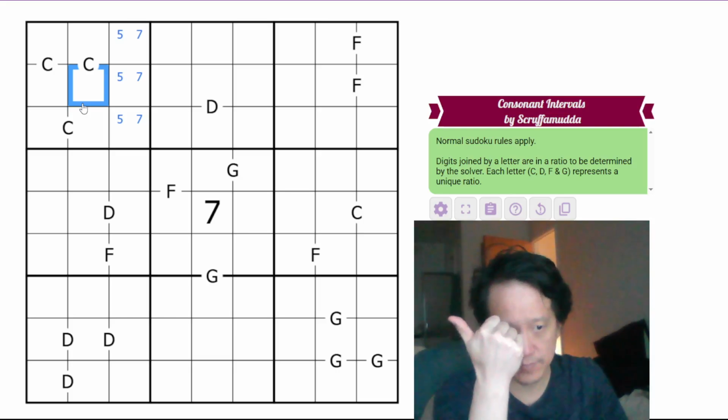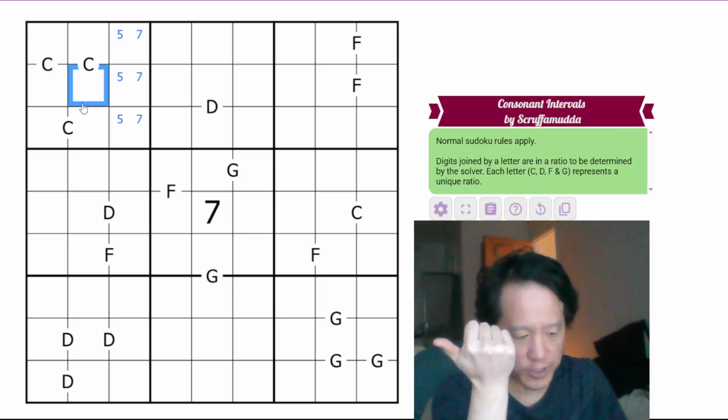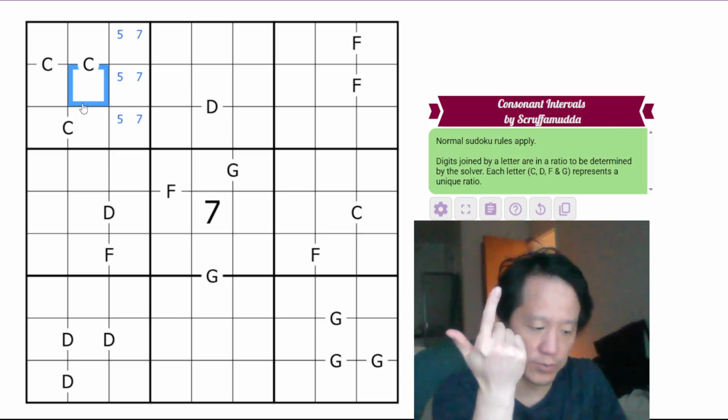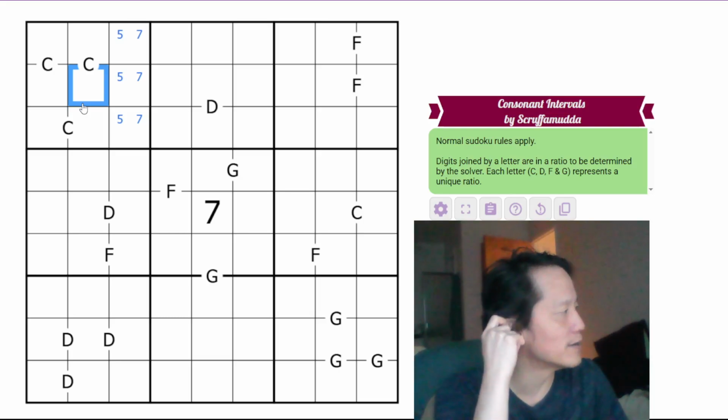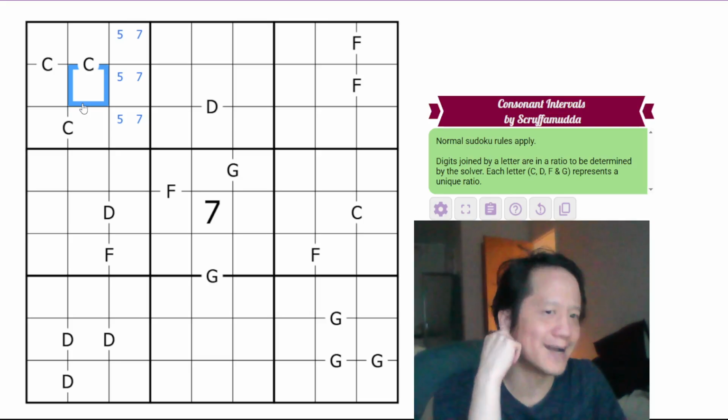But 4 can never be in a 1 to 3 ratio. 8 can never be in a 1 to 3 ratio with another digit. So that cannot be 3 to 1 there. 3 to 2 doesn't work either.